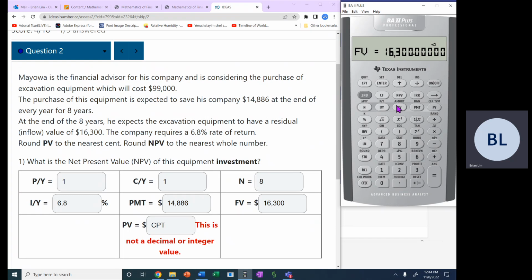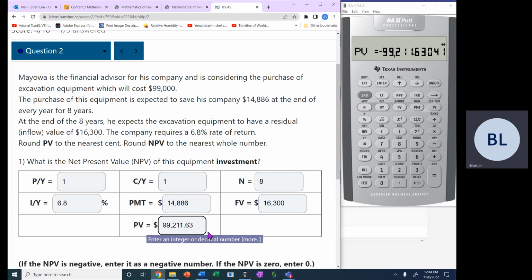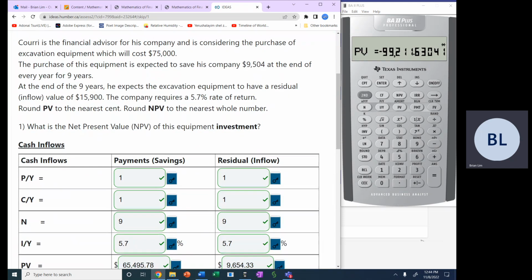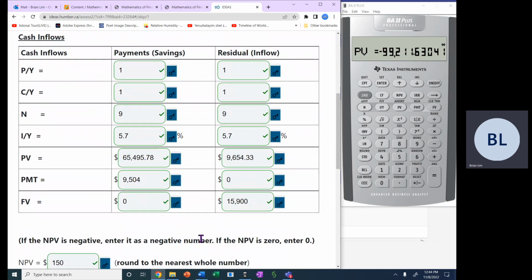We compute the present value and we get a number. That number turns out to be $99,211.63. Now remember, this is all done at once. There is a payment, there is a future value. If we go back to the previous question, they were treated separately.